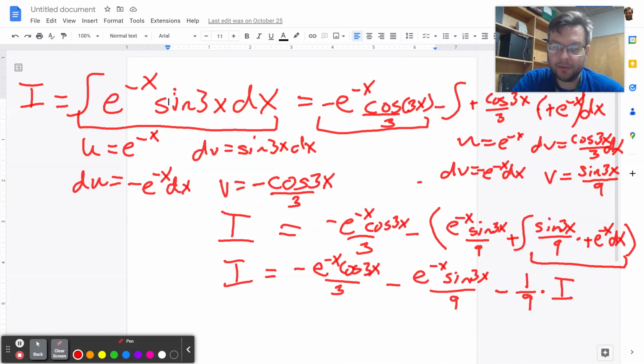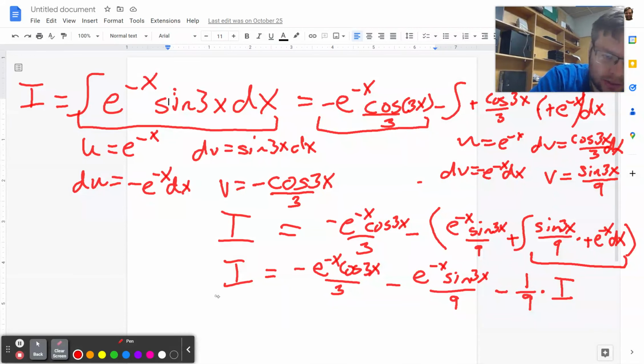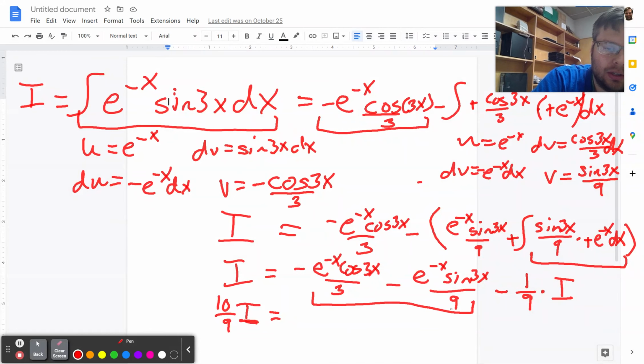So now it's just solving for I. I'm going to add 1/9 I to both sides. So 1I plus 1/9 I makes 10/9 I. So 10/9 I equals all of this stuff. And I don't have much space, so I'm just going to multiply by 9/10.